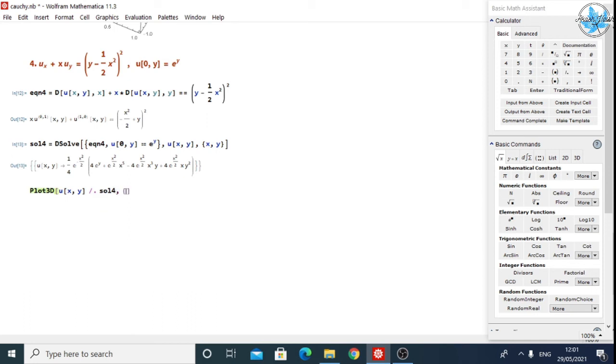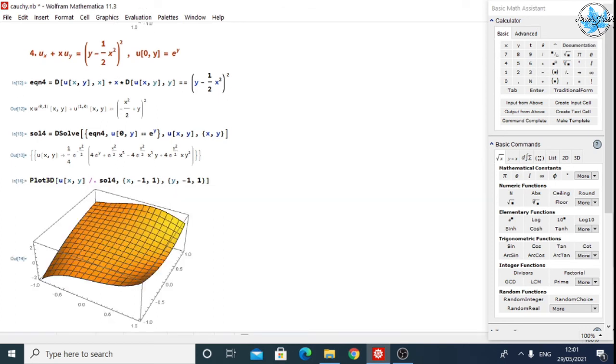Then just define the domain. So let's take the x vary from -1 to 1, and then y vary from -1 to 1. Then shift plus enter, then see this will be your graph of the equation 4.